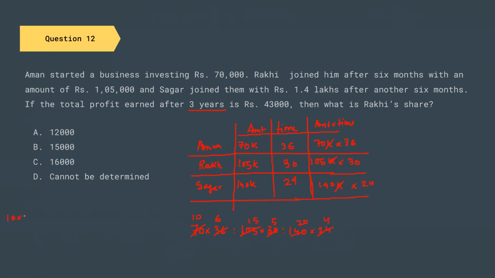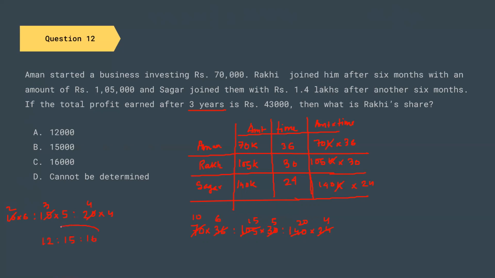We have 10 into 6 is to 15 into 5 is to 20 into 4. So this will be 2, this will be 3, and this will be 4. So the final ratio of profit between Aman, Rakhi, and Sagar will be 12 is to 15 is to 16.